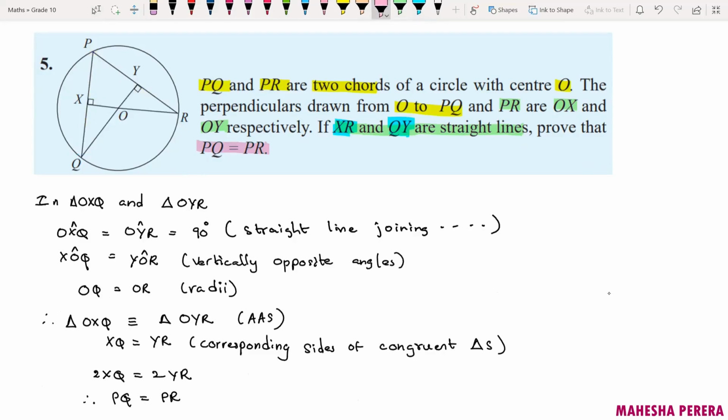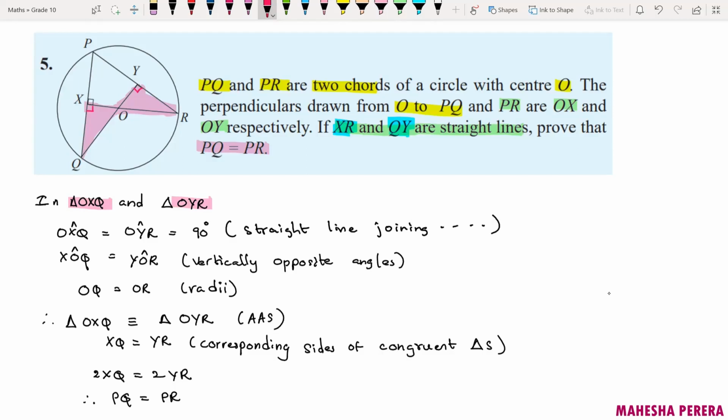Right, now when you consider this triangle and this triangle, that means triangle OXQ and triangle OYR. We know that this angle and this angle are 90 degrees because OX and OY are perpendiculars, right?